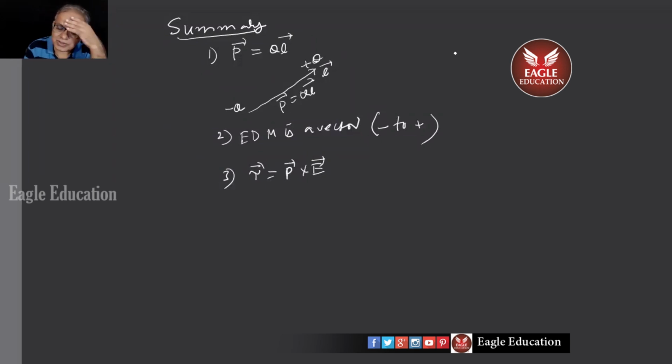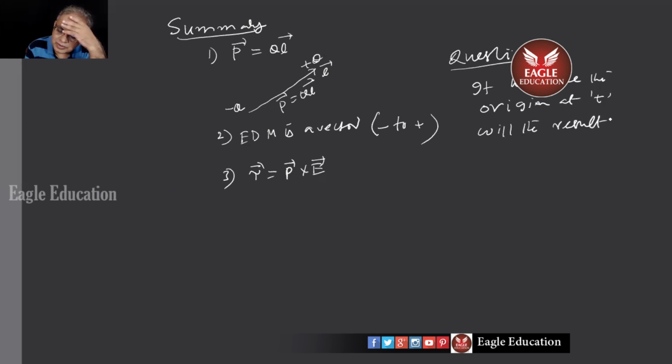My question is this. If you can answer, I'll be very happy about it. If we take the origin for finding out the torque at plus, will the result change? Or if I take it at the center, will the result change?